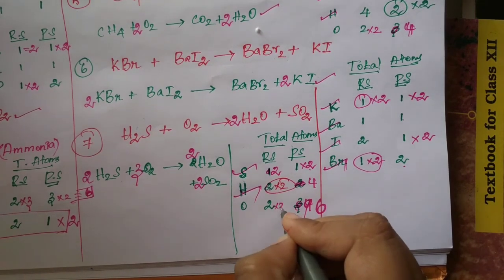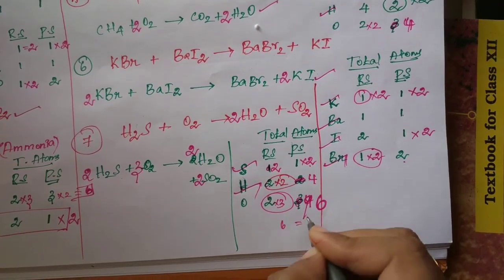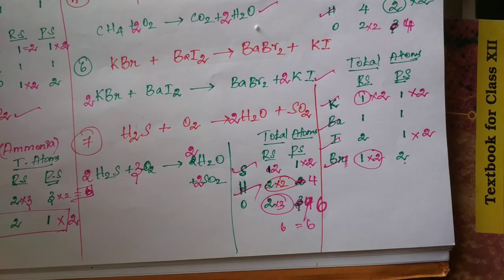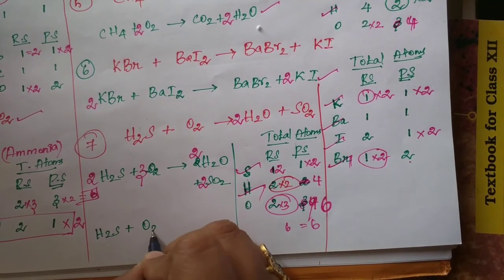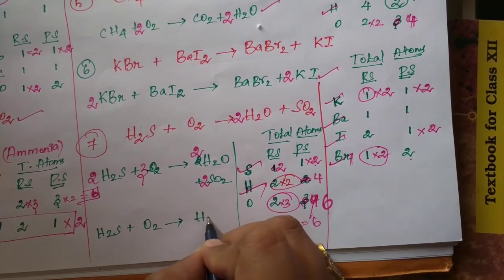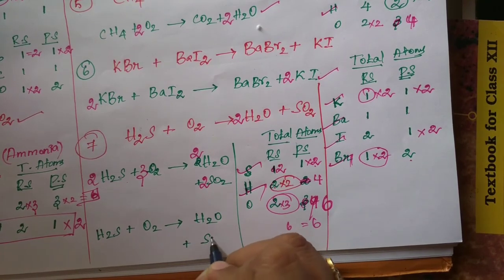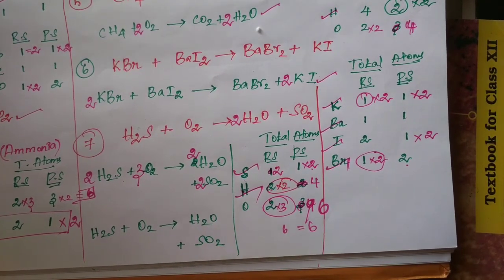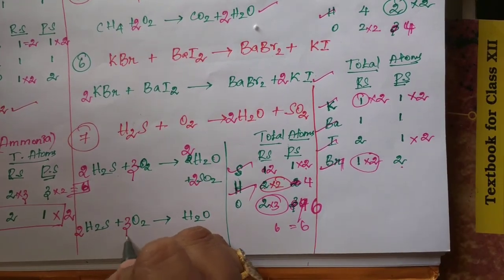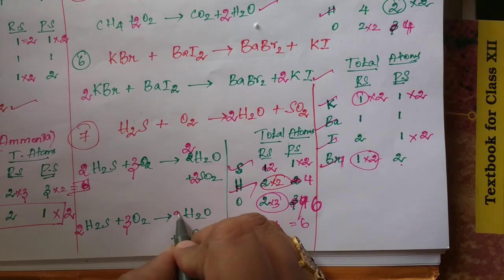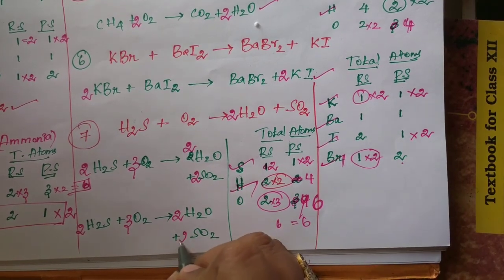If you multiply by 3, you will get 6 equal to 6. So now I am writing the equation once again. H2S plus O2 gives H2O plus SO2. So now the balanced equation is 2H2S plus 3O2 gives 2H2O plus 2SO2.